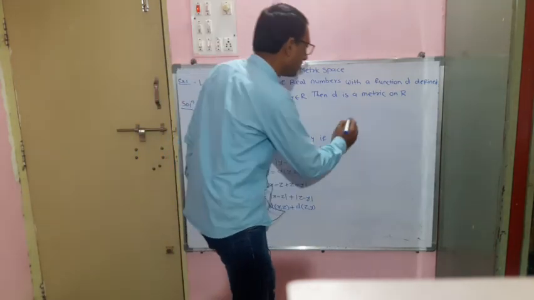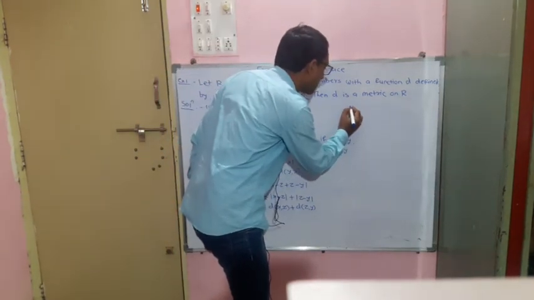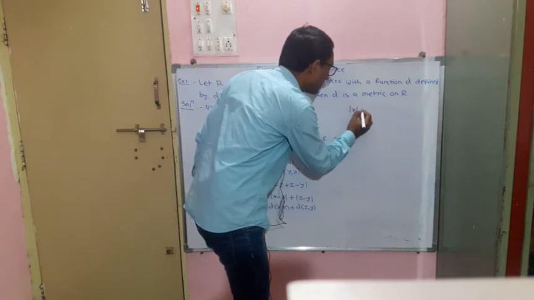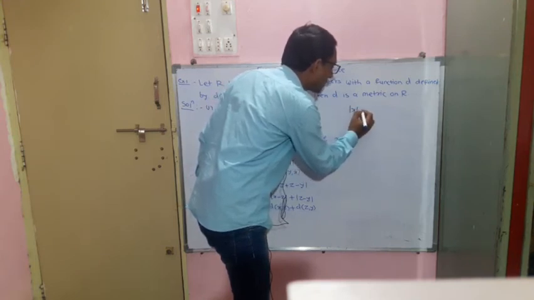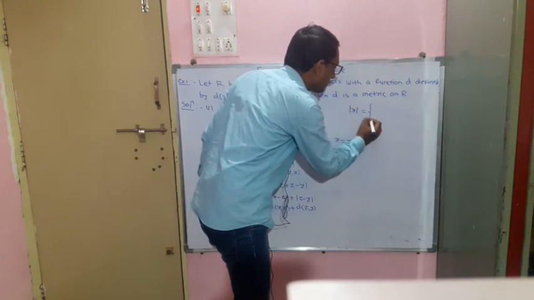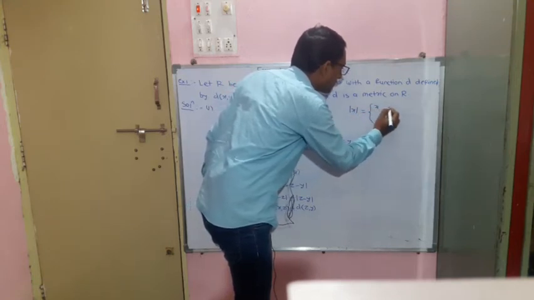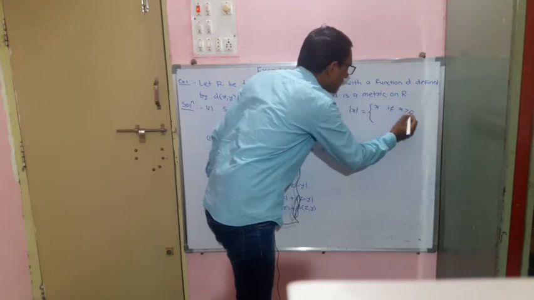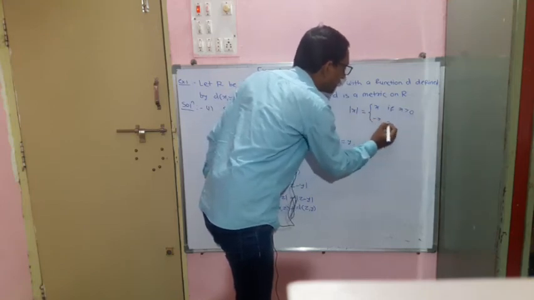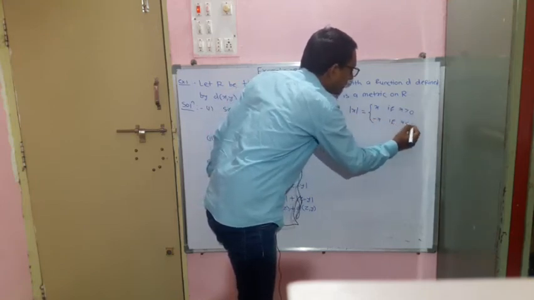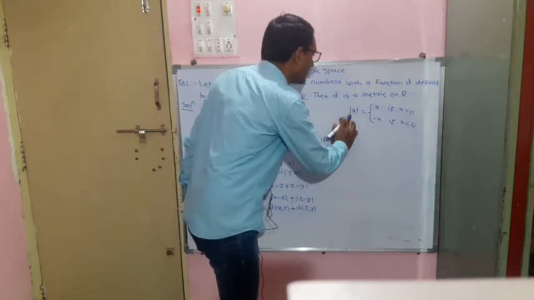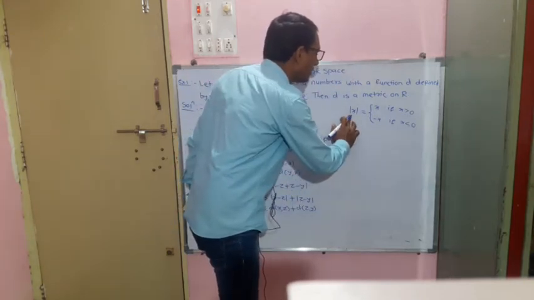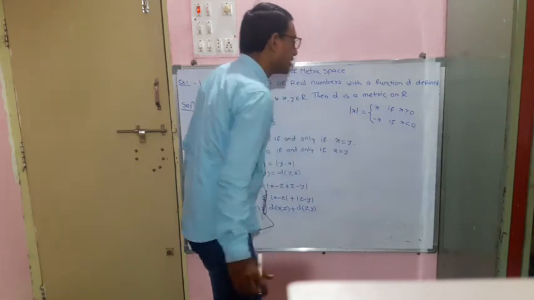As we have the definition of the modulus function, mod of x is equal to plus x if x is greater than 0, and the value of mod of x is minus x if x is less than 0. So for any real number this function is defined.